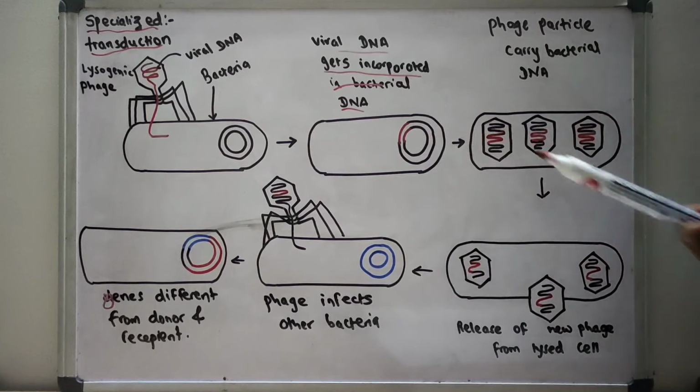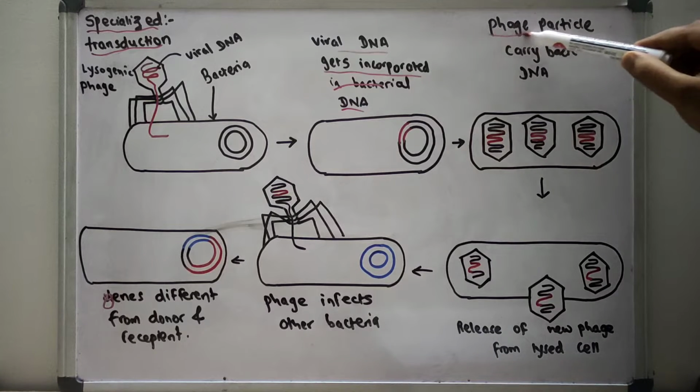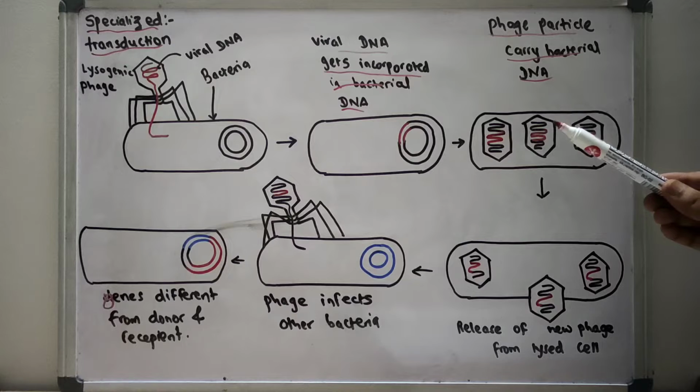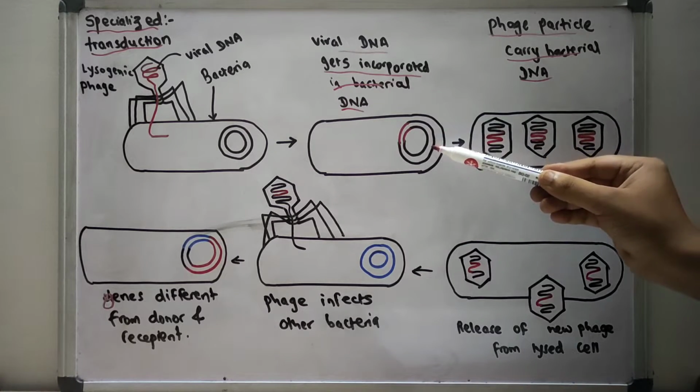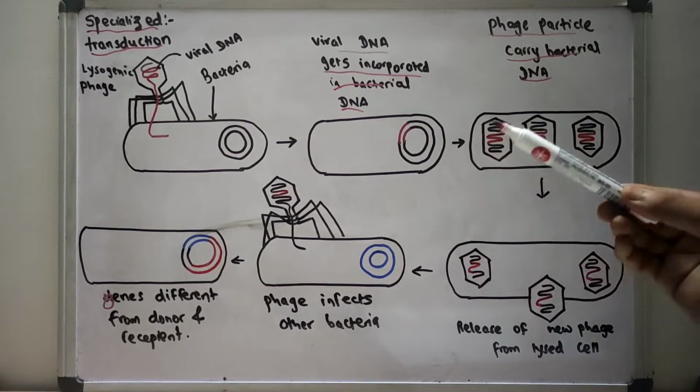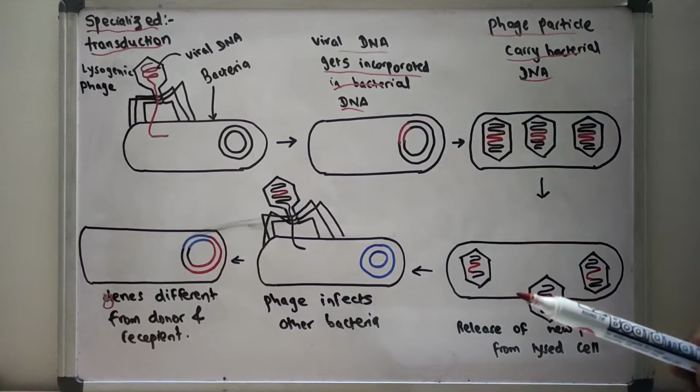After the cleavage of this bacterium, the phage particle carries the bacterial DNA, and it is packed into the phage capsids. So there are various bacteriophage capsids inside the bacterium, and those capsules contain both the previously infected bacterium's genes as well as the bacteriophage genes.